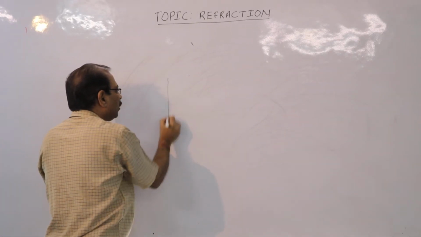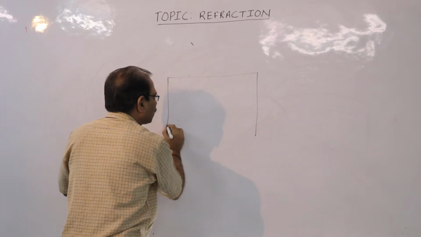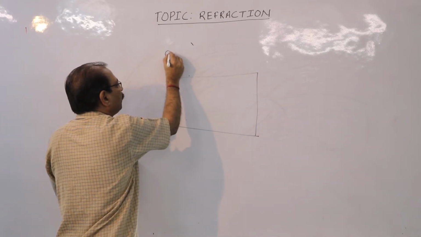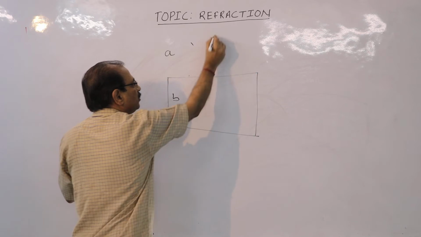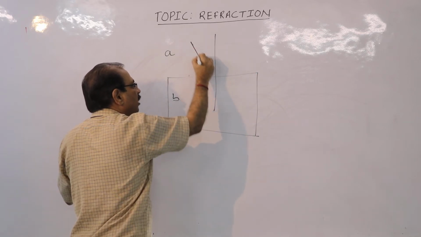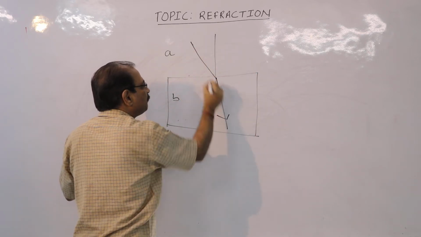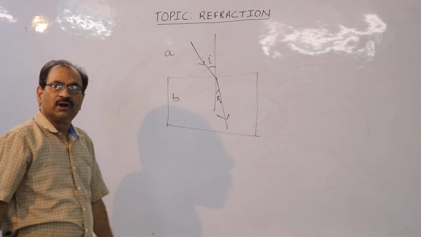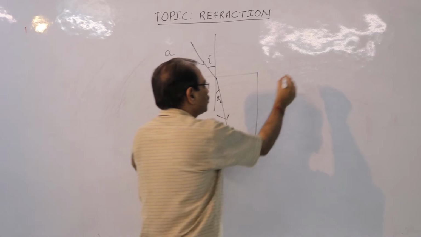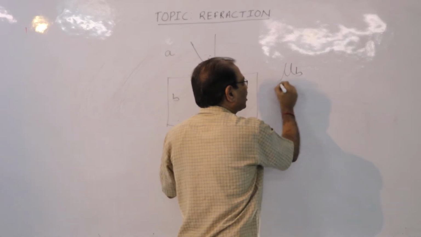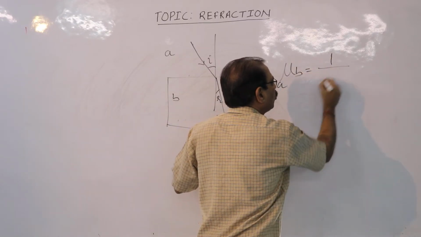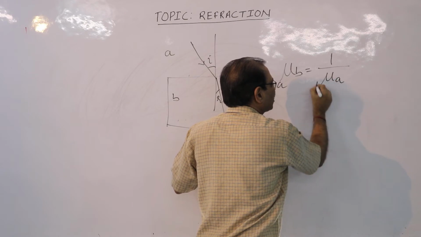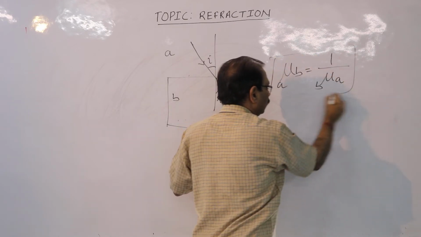For example, this is supposed to be the glass slab, medium A, medium B. The normal, the ray is coming and bends in this manner. This is I and this is R. Children, mu of B with respect to A is always equal to 1 upon mu of A with respect to B. What is the meaning?